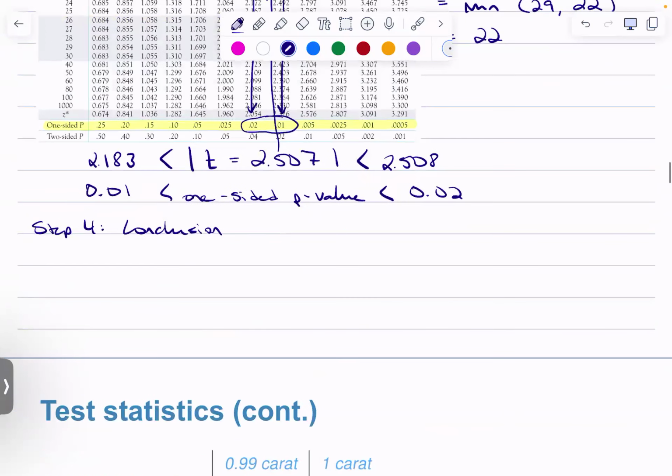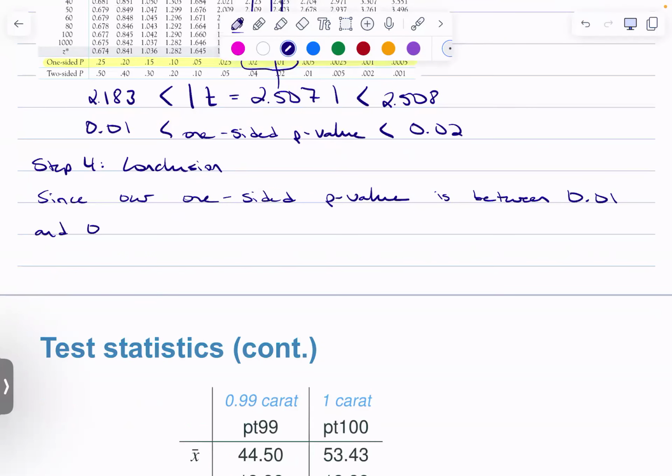All right, here we go. Since our one-sided p-value, right? Remember, it's your job to show off all the things that you know. Since our one-sided p-value is between 0.01 and 0.02, we have, oh, sorry, not yet.